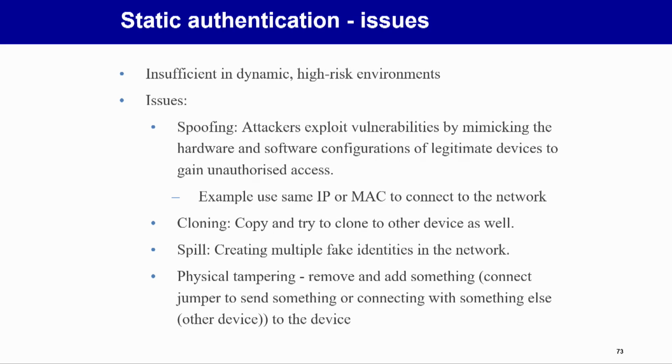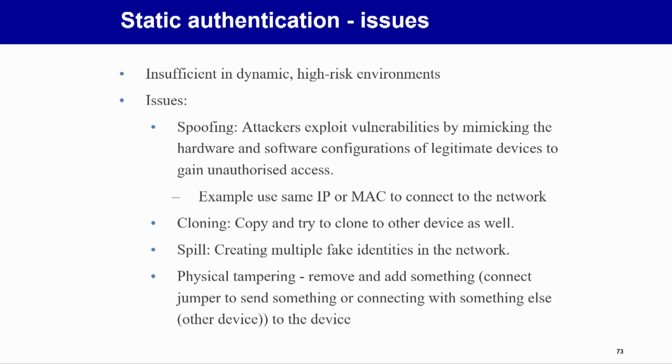As the name says, spill: throwing so many things. Someone can create multiple fake identities in the network. For a real authentic device, someone can try the same IP for 10 devices and try to log in to the network. So although you have done the static authentication, someone may still be able to come into the network.